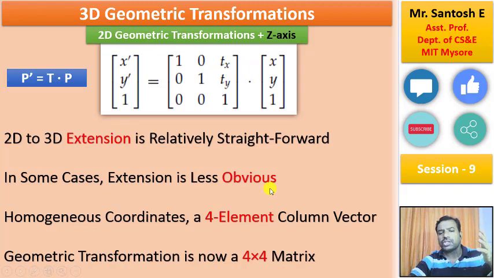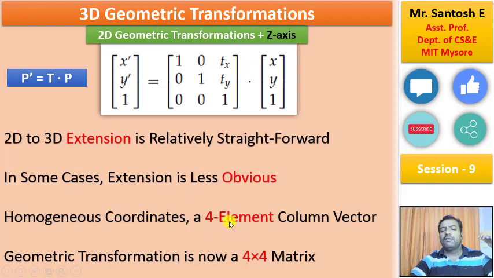For example, rotation is not as straightforward as in 2D geometric transformation, but we will see what makes it less obvious. The 3D geometric transformations will also be expressed in homogeneous coordinates.